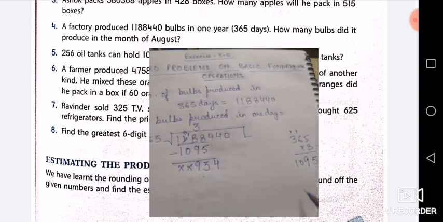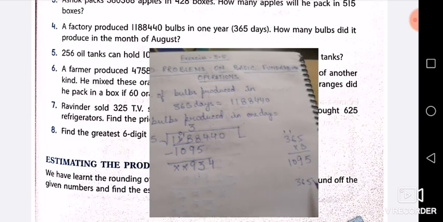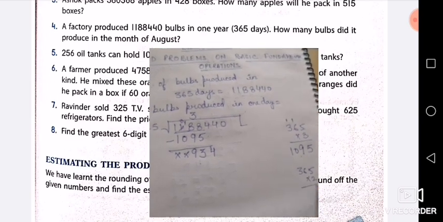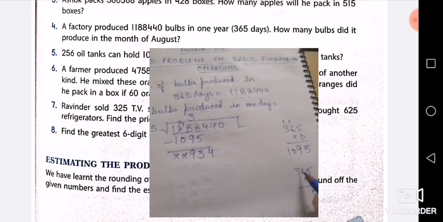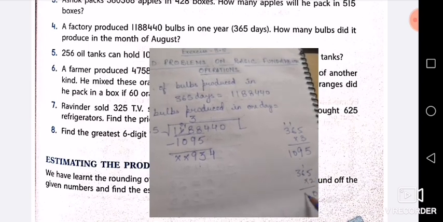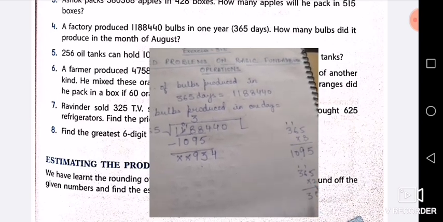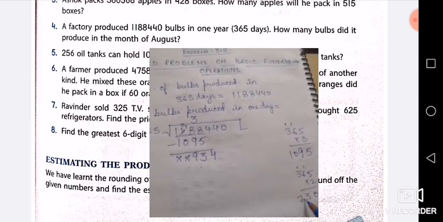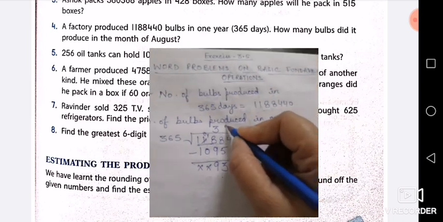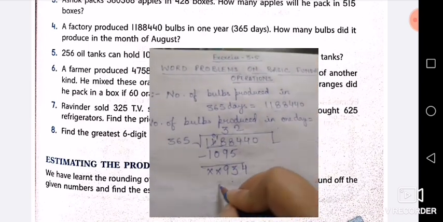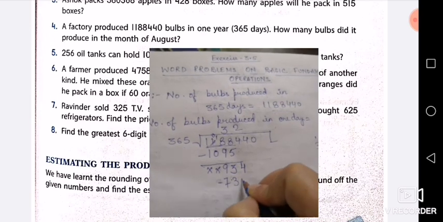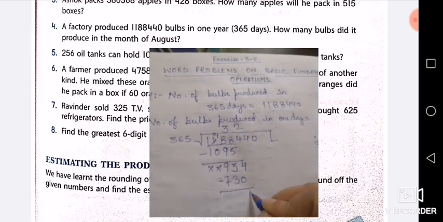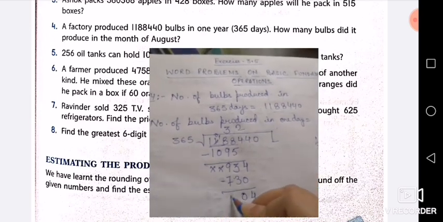We'll do it. 365 multiplied by 2: 2 5s are 10, 2 6s are 12, plus 1 is 13, 2 3s are 6, plus 1 is 7. So it goes 2 times, which is 730. So 4 will be left, then 0 and then 2.